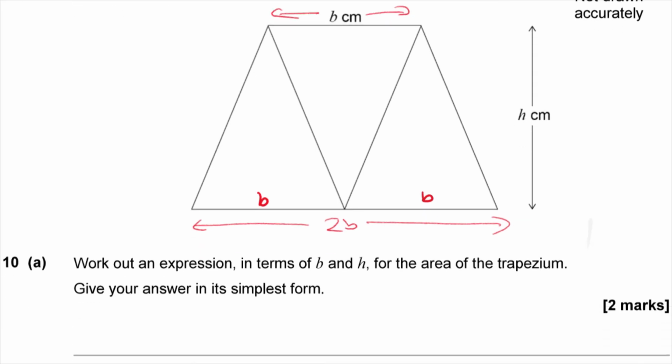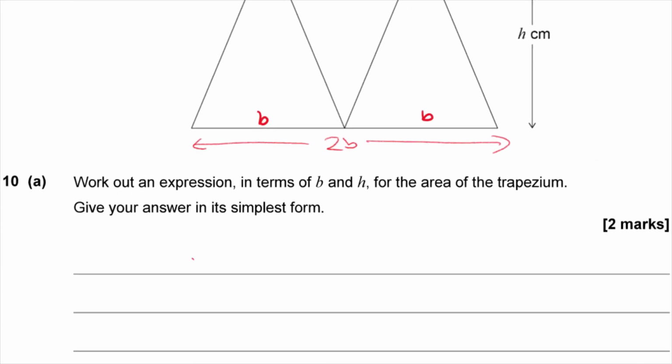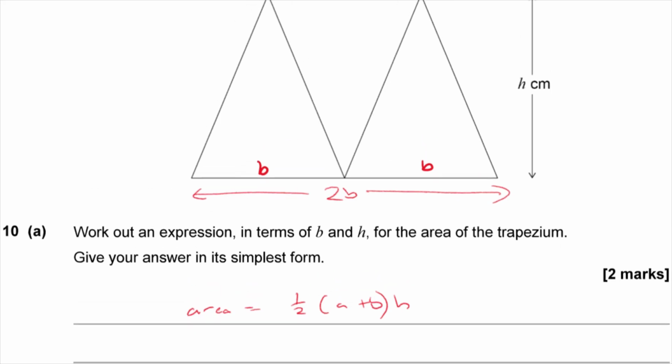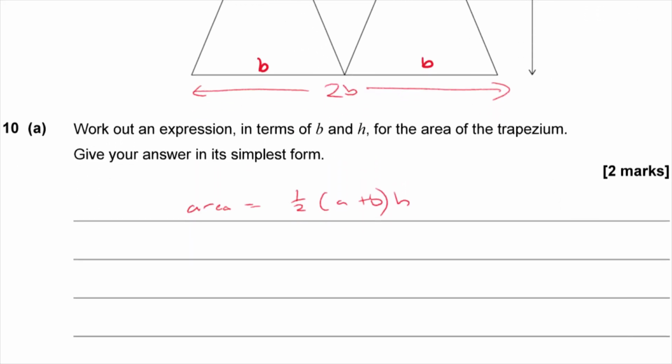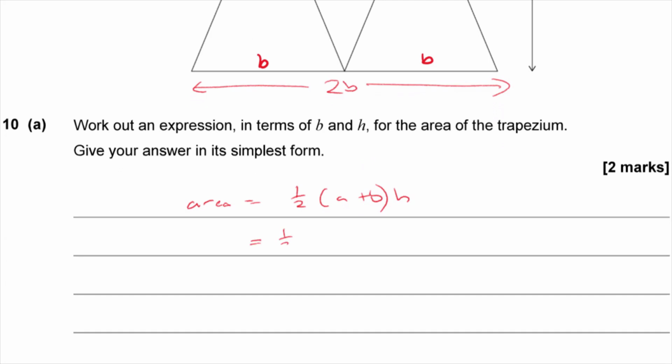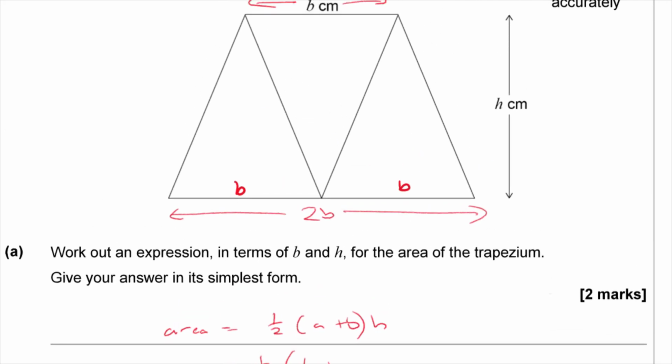Now, the formula for the area of a trapezium is given by half a plus b h, where a and b are the two parallel sides and h is the perpendicular distance between them. Now, in this particular case, my a is going to be b and my b is going to be 2b.